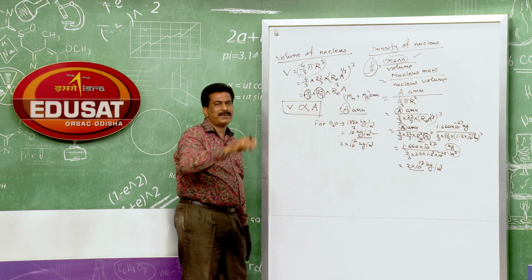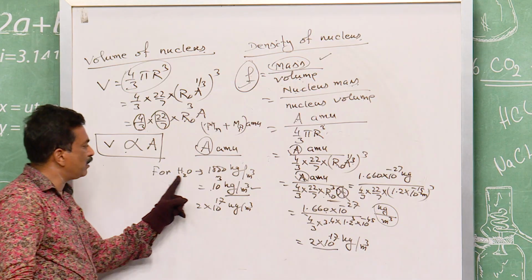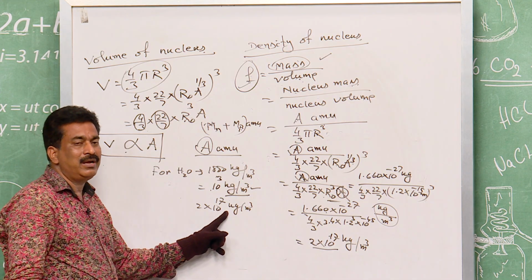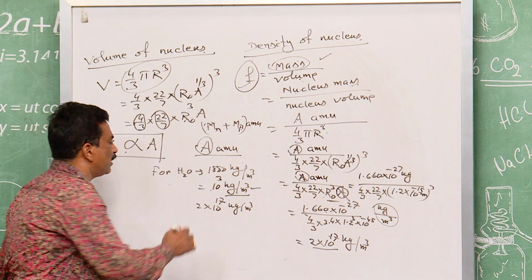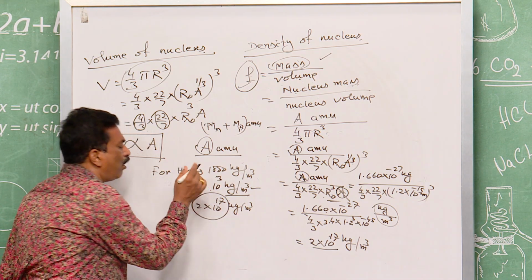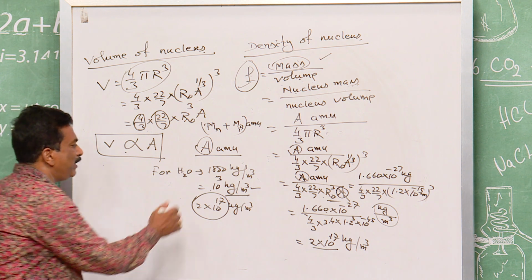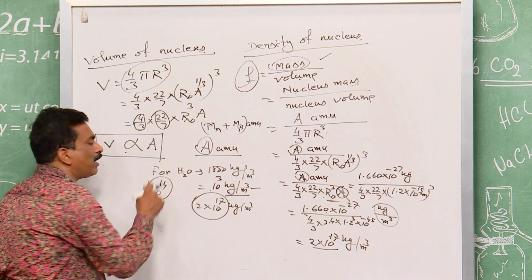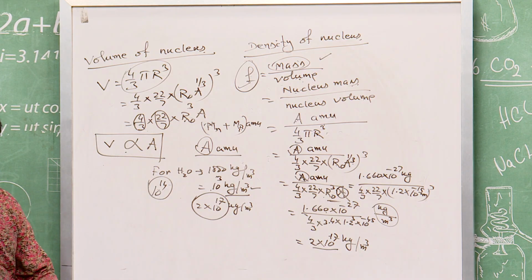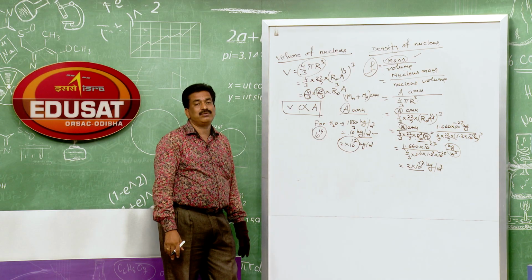It never depends upon the number of protons or neutrons, but depends upon its own value. The density of the nucleus for almost all elements is 2 into 10 to the power 17, which in comparison to water is 10 to the power 14 times greater.